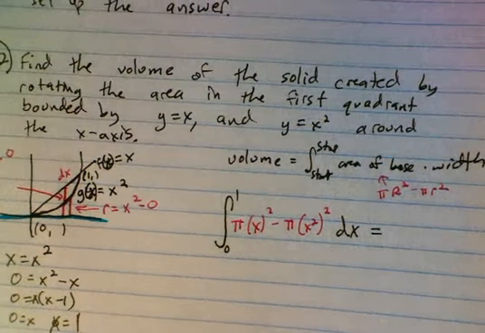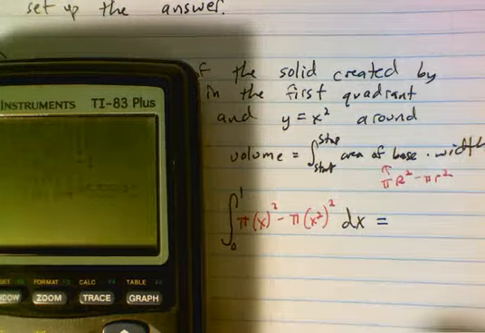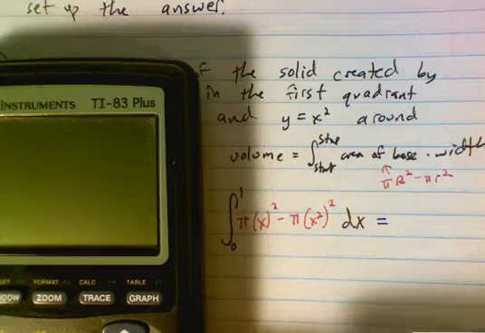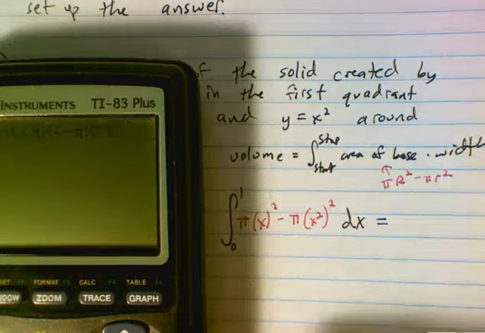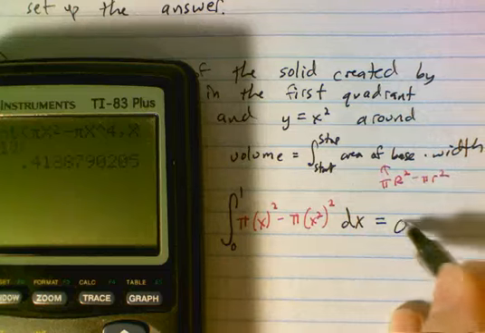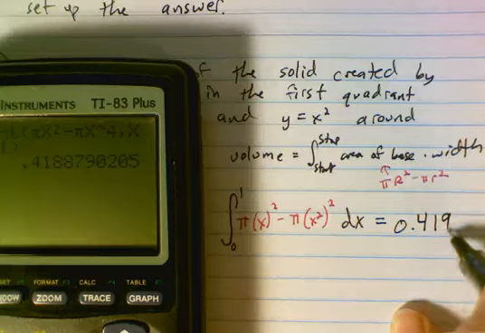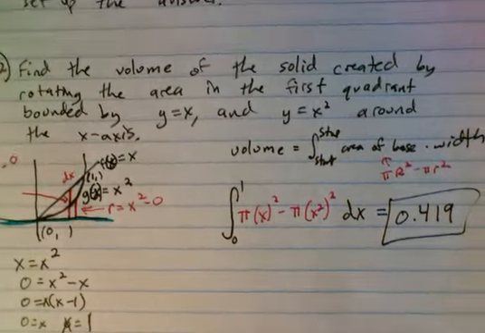And when we put that into the calculator, pi x squared minus pi x squared squared, or x to the fourth, comma x, comma 0, comma 1, we get 0.419. And there we go.